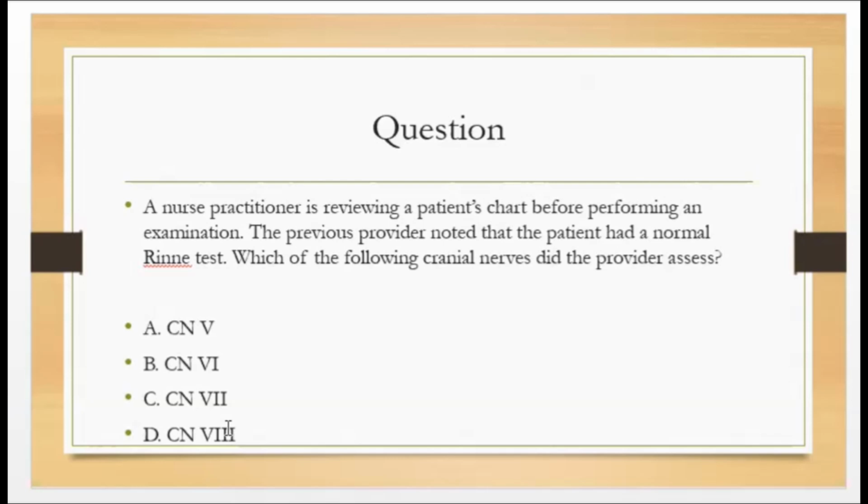The fifth nerve is the trigeminal. So if they ask anything about trigeminal neuralgia, the one where you have unilateral facial pain, and they tell you that this pain involves the trigeminal nerve, the treatment is usually Tegretol.